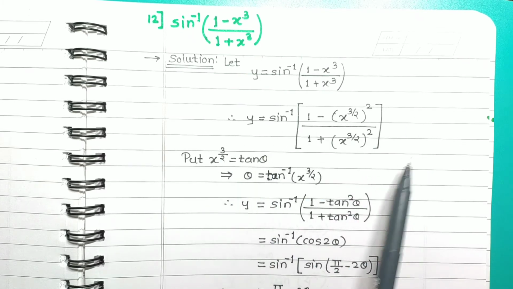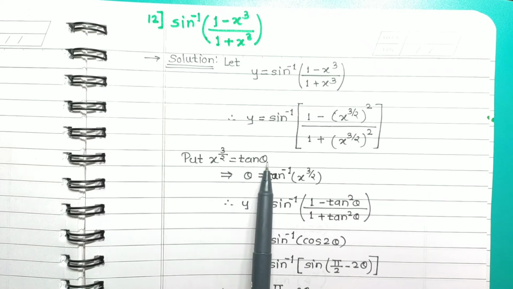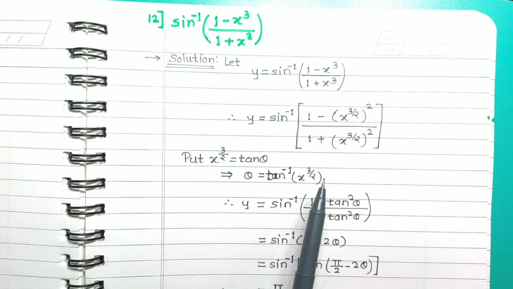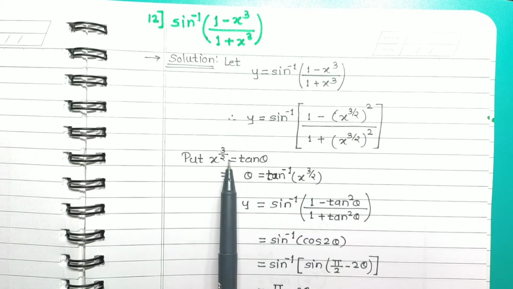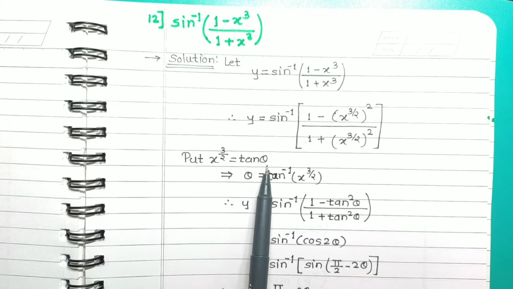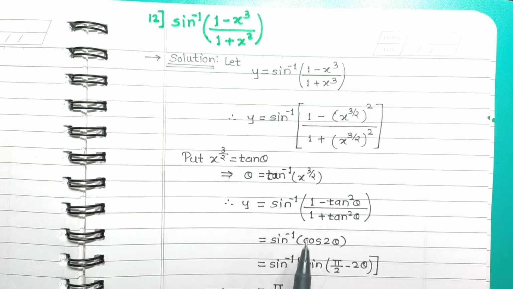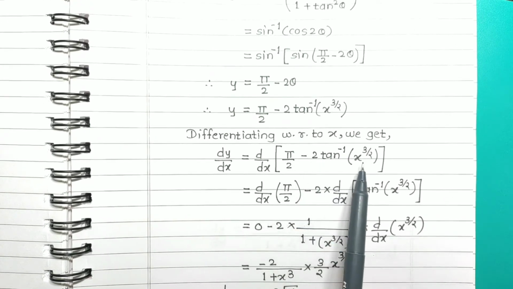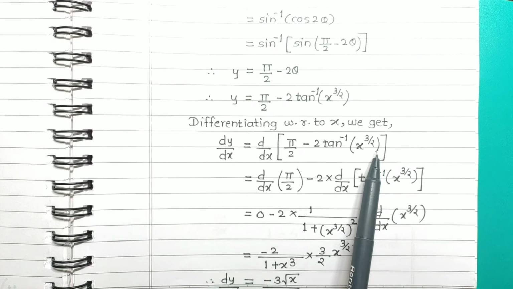This is your observation. After getting this, the solution is easy. Okay, so this is the trick to solve this example. So you put x raised to 3 by 2 as tan theta and then try to solve on your own. Afterwards, you have to use chain rule for this function, tan inverse of x raised to 3 by 2.